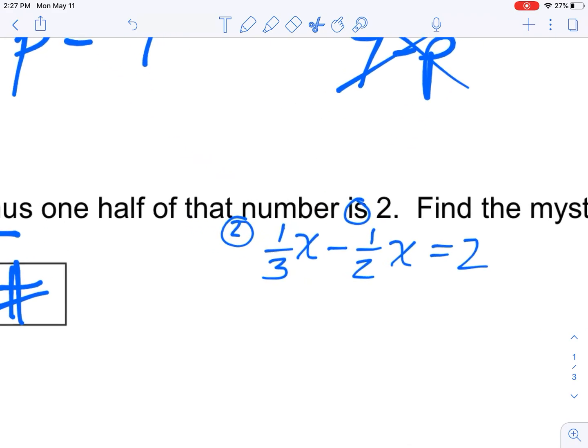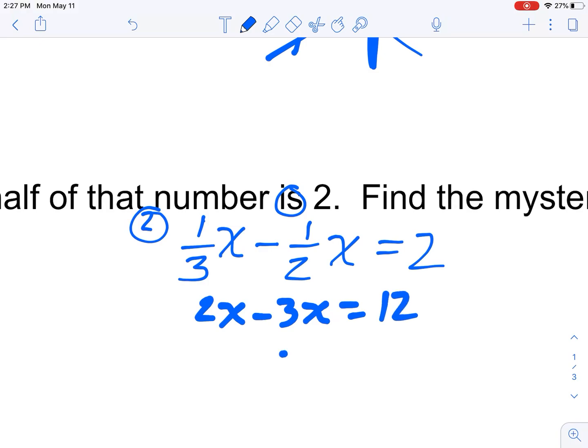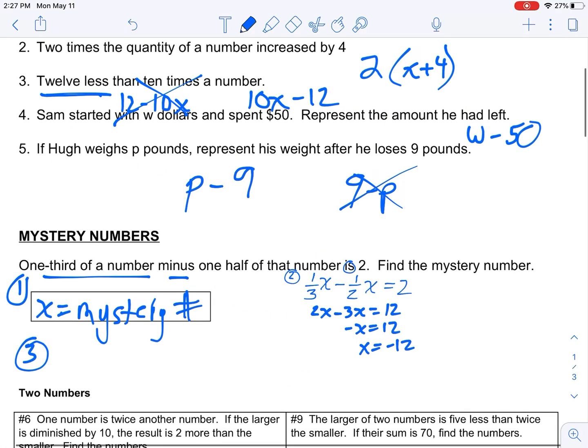All right, I'm going to multiply everything by 6, so I'll get 2x minus 3x equals 12. Negative x equals 12. That means x equals negative 12. So now my solution is negative 12.